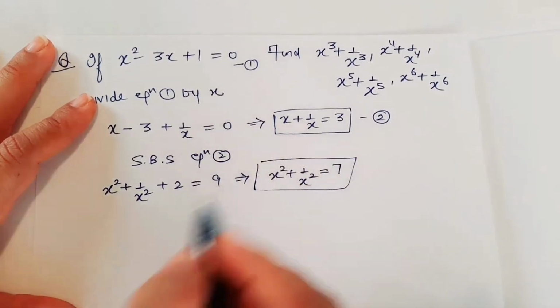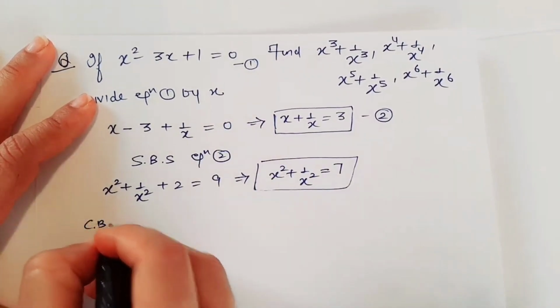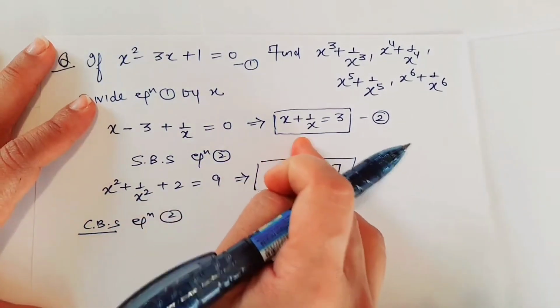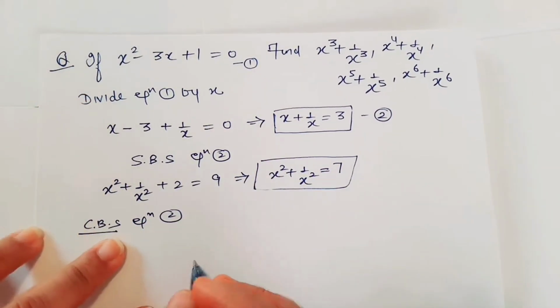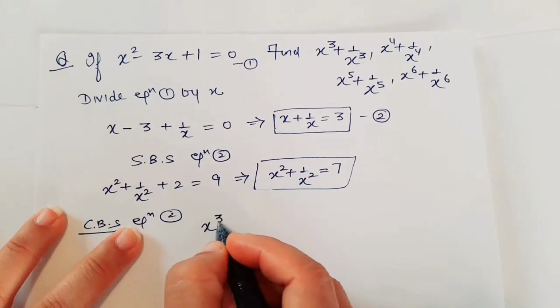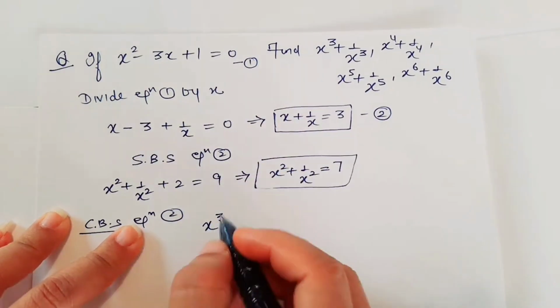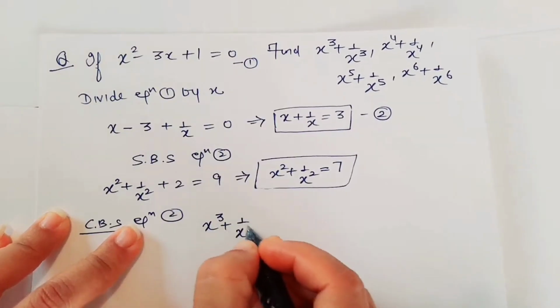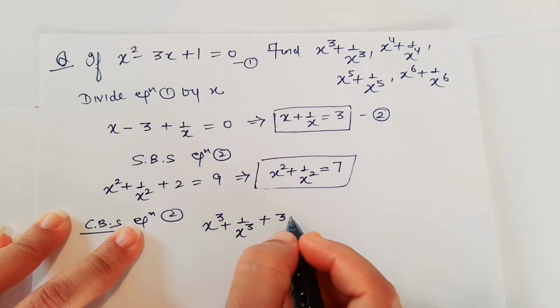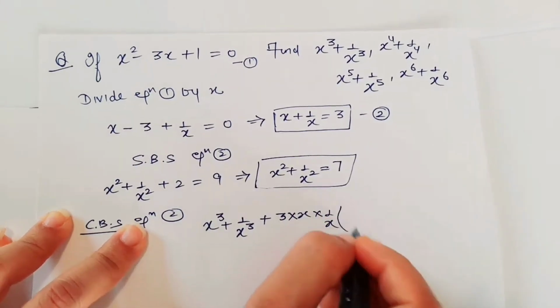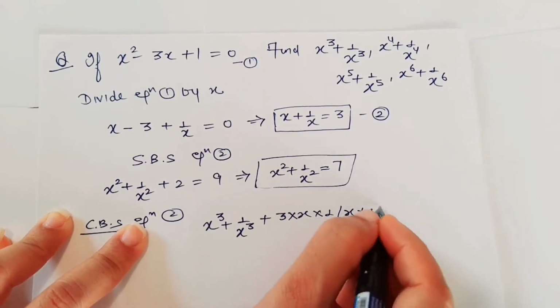Similarly, if you cube both sides of equation number 2, you can just apply the formula (a plus b) whole cube equals a cube plus b cube plus 3ab(a plus b).